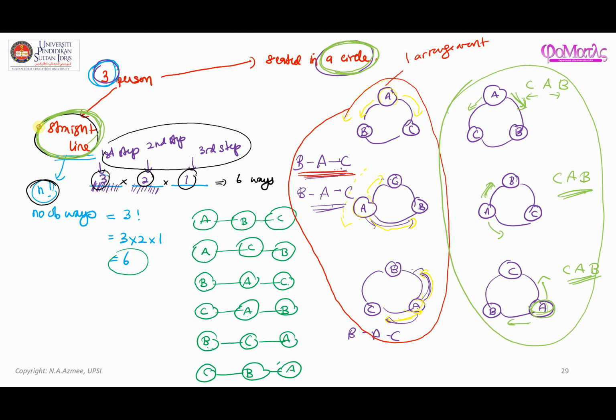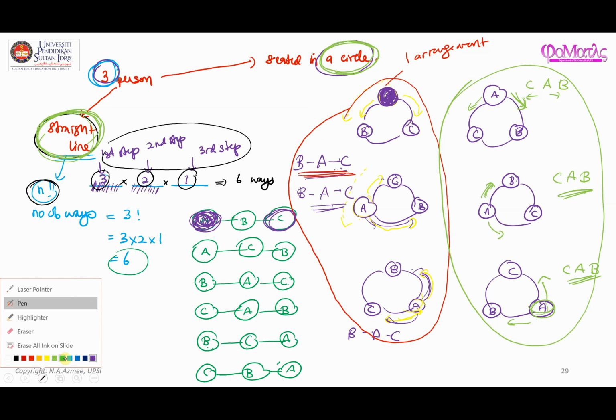When people are sitting on a straight line, the first person is going to be a different person than the one sitting at the end, so you can have different possible combinations. However, if those people are seated in a circle, the first person at the beginning is also the last person at the end of the circle.